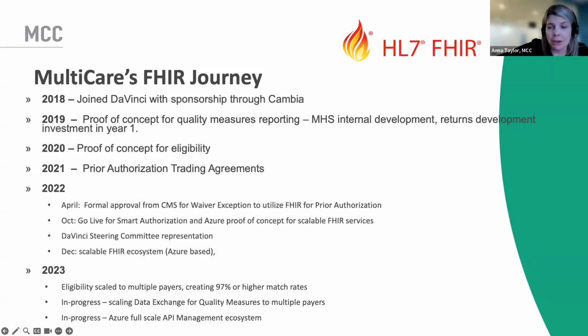We're about a year into having this live, which means we get to do our final KPI, which is to figure out if this prior authorization method reduces denials too. But we're looking forward to having that science soon in the future. So that's been our journey.